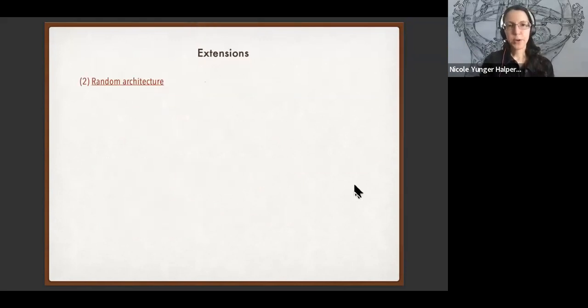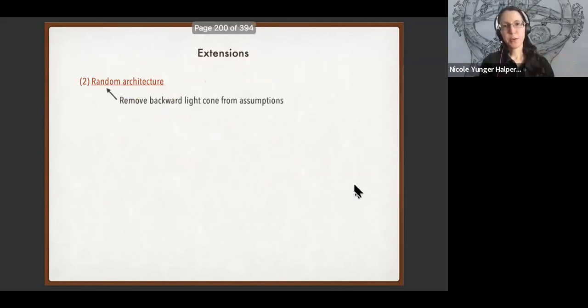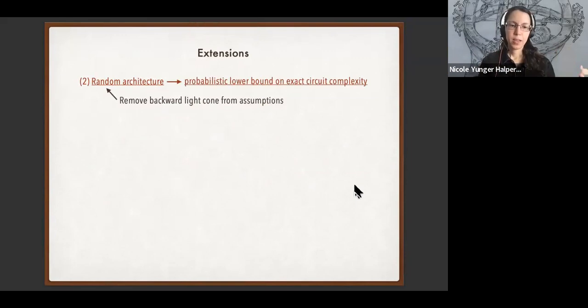You can also imagine making the architecture random. So suppose that we remove from our theorem the assumption that every block in the circuit contains a backward light cone. Then we pay by making the lower bound on the circuit complexity probabilistic.